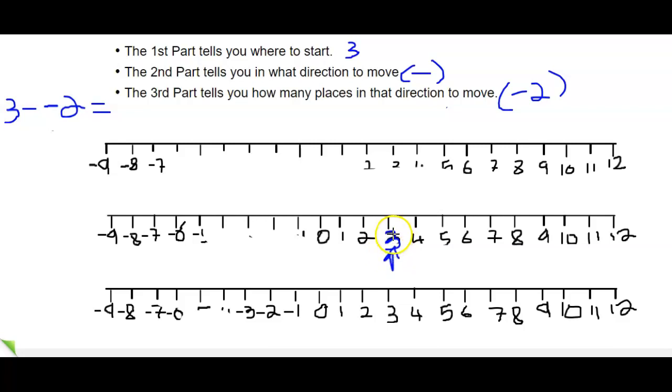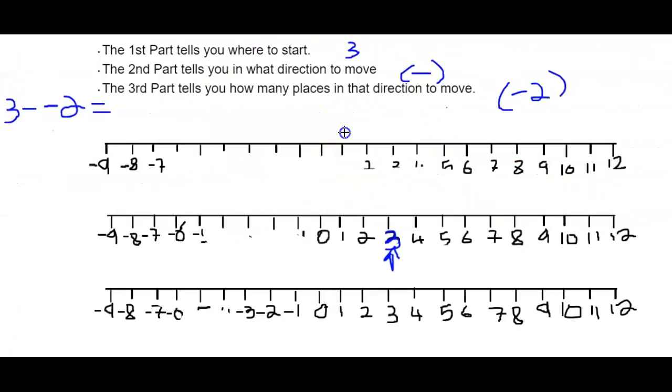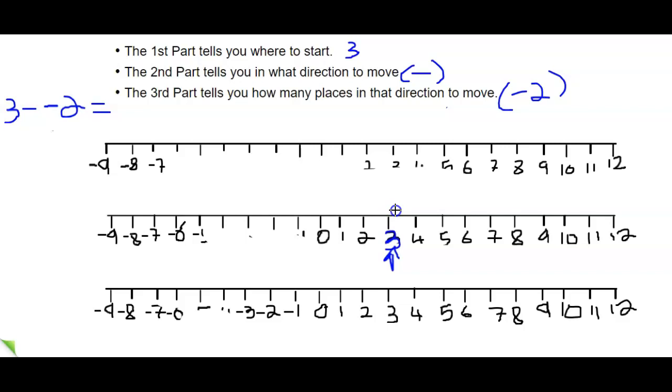We're going to face left because the second part is negative. Remember, if the second part is negative, you move left. I put a little arrow showing that we are looking to move left, right above the 3 because we're not moving yet. The third part is negative, so we have to move in the opposite direction, to the right.